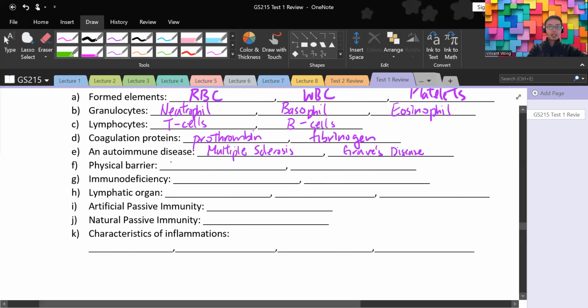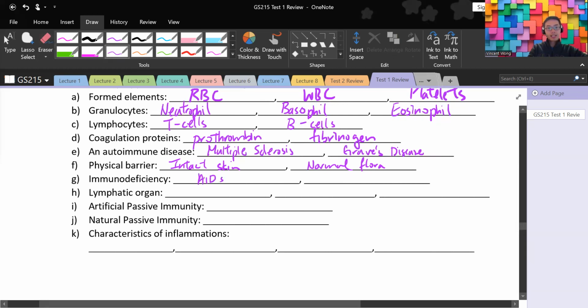Physical barriers, intact skin, right, normal flora, and a bunch of other ones, right? Mucous membrane. Immunodeficiency is when you have a compromised immune system or you don't have an immune system. So we have HIV. Well, actually, that's the virus.